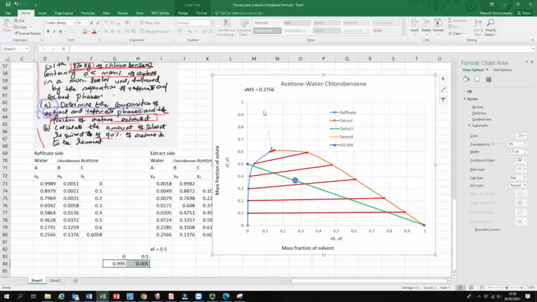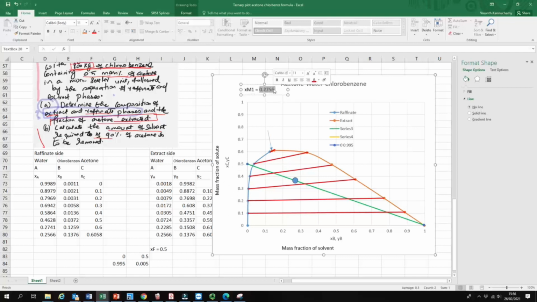So we need to find this line. What is this one? This is the amount of solute in the mixture. We know our mass fraction of solute is on the y-axis, so we have to identify this point, 0.2756.